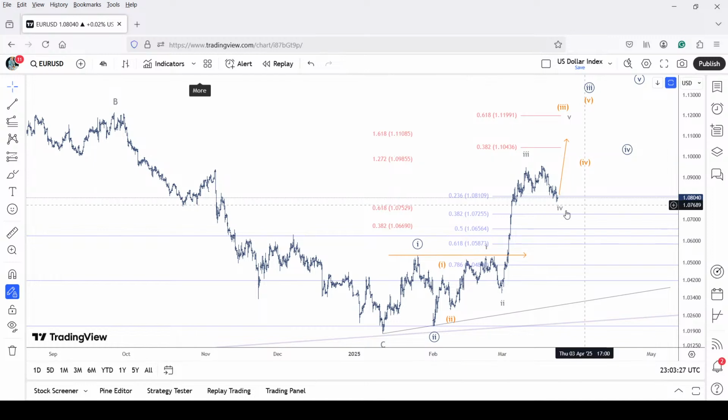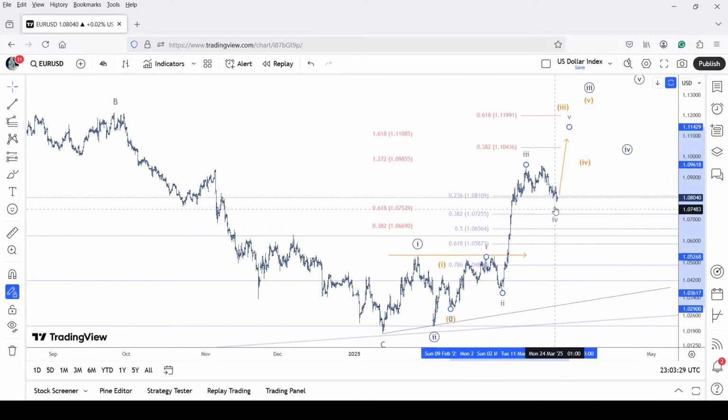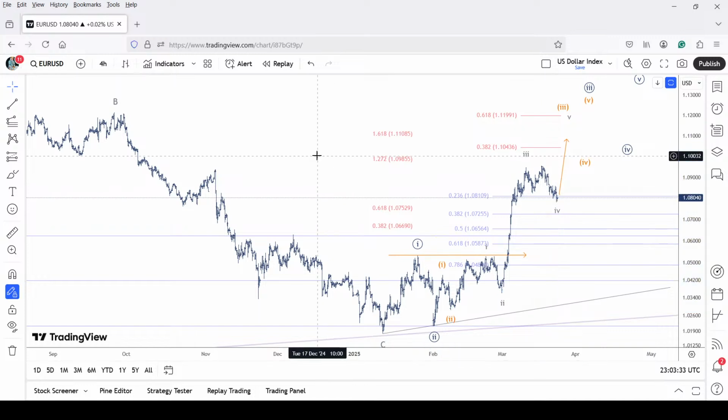That was the area we were expecting sub-minute wave 4 to terminate, and that is what we are seeing right now. The sub-minute wave printing yet another low overnight last session, just after the London New York session too. It printed about 1.078085.